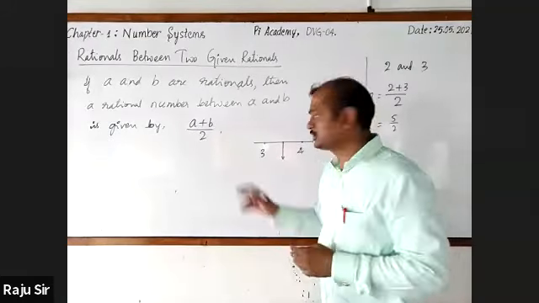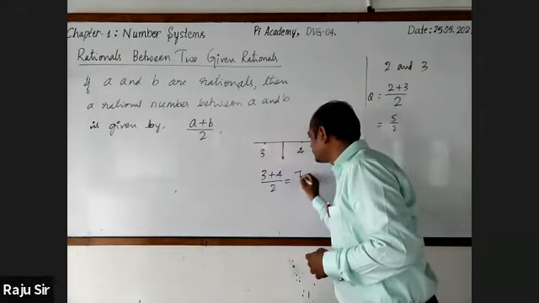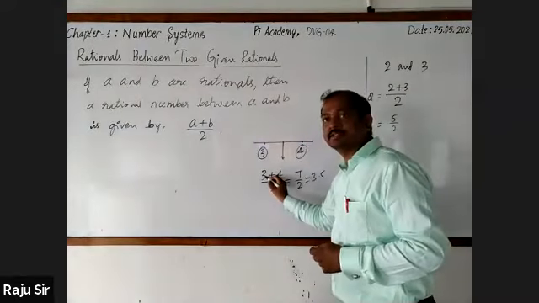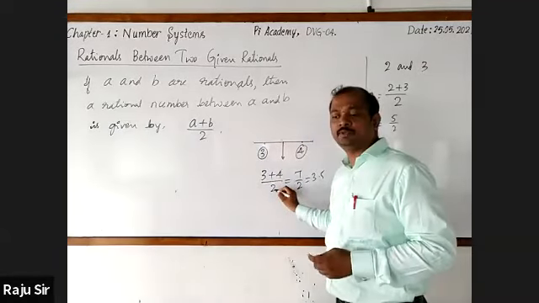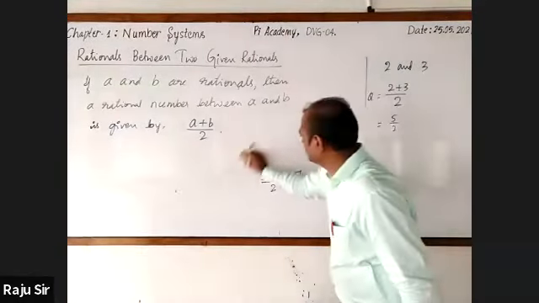Half. 3.5, right? That can be found like this: 3 plus 4 by 2, it is 7 by 2, which is 3.5. If you take 3 as A and 4 as B, the one number is to be written as A plus B by 2. Did you understand?